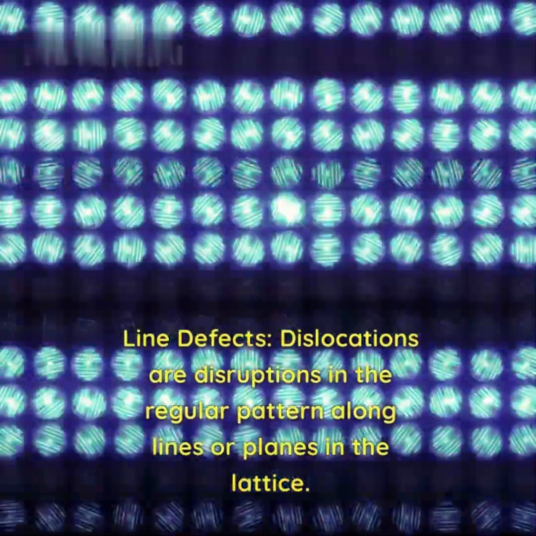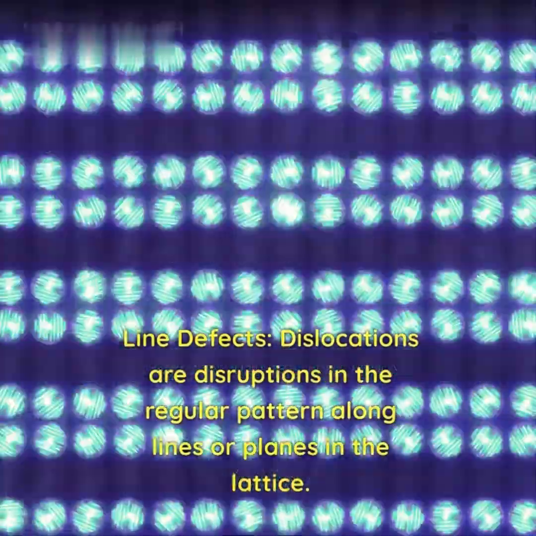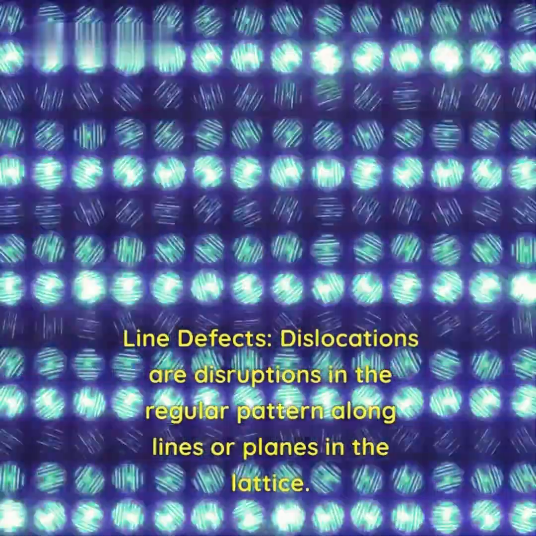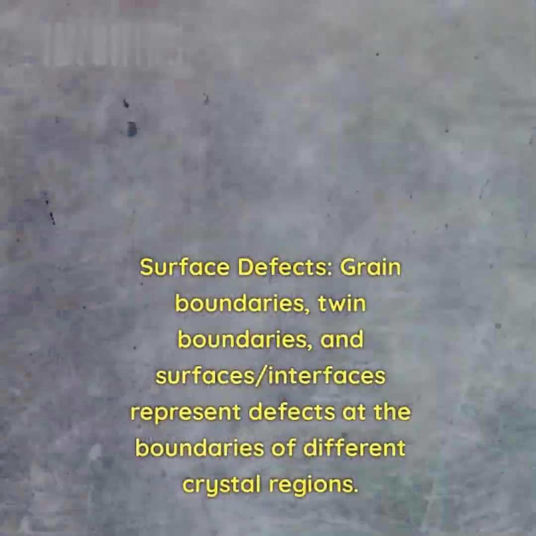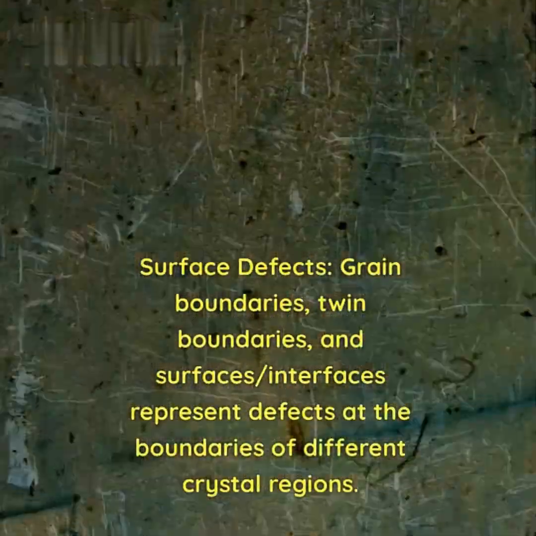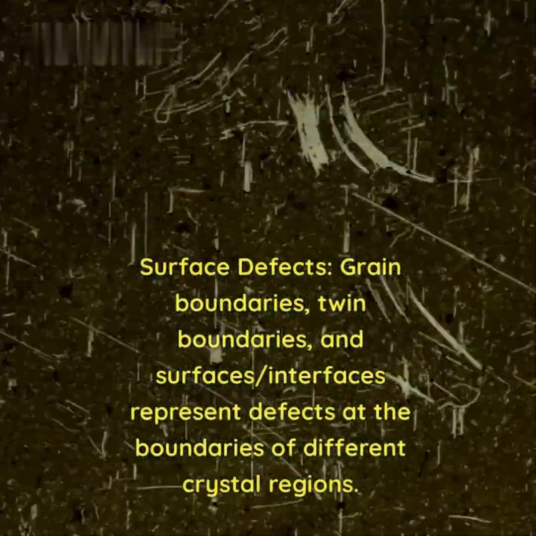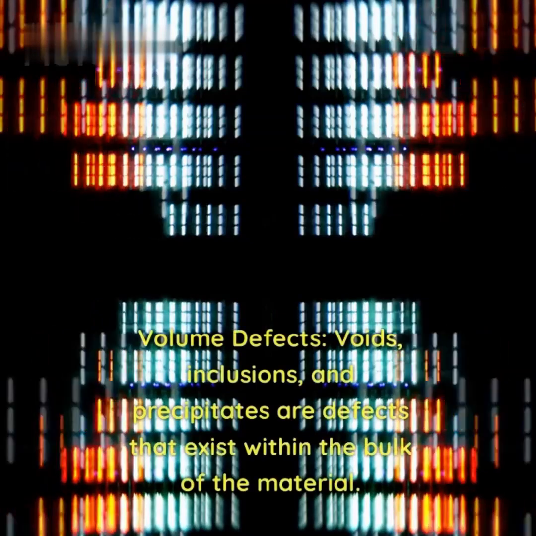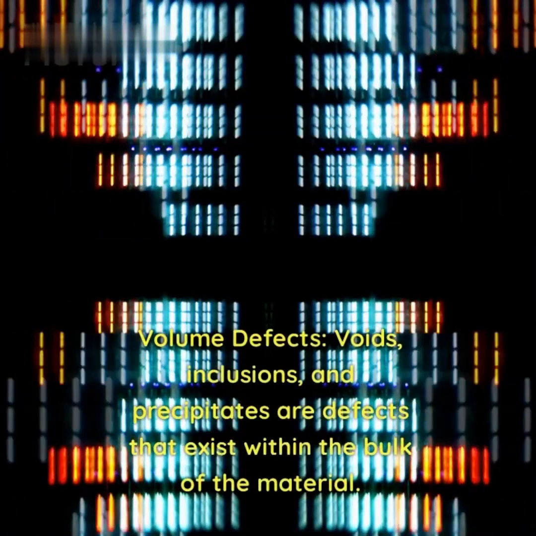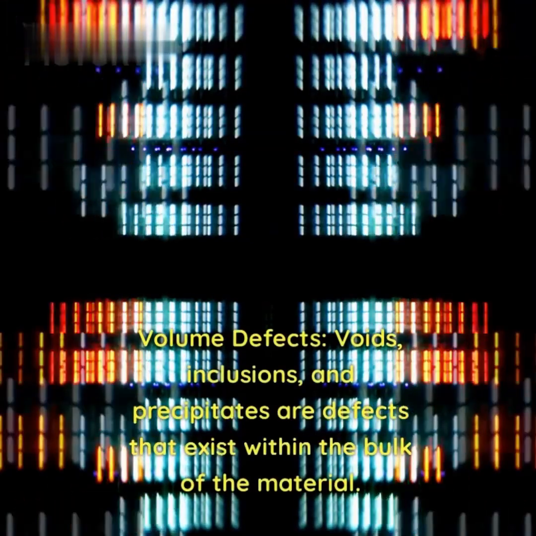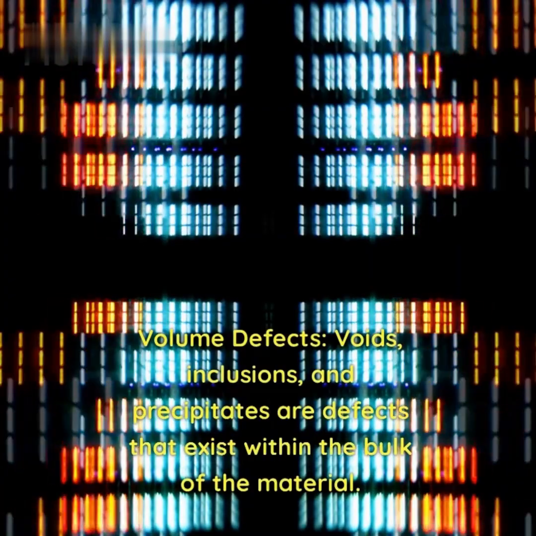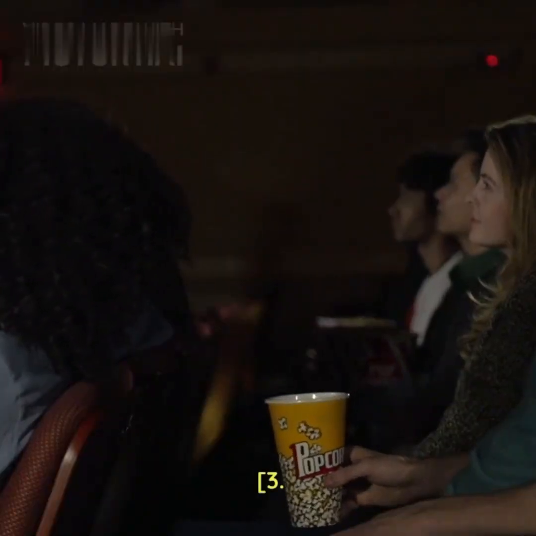Dislocations are disruptions in the regular pattern along lines or planes in the lattice. Surface defects. Grain boundaries, twin boundaries, and surfaces/interfaces represent defects at the boundaries of different crystal regions. Volume defects. Voids, inclusions, and precipitates are defects that exist within the bulk of the material.